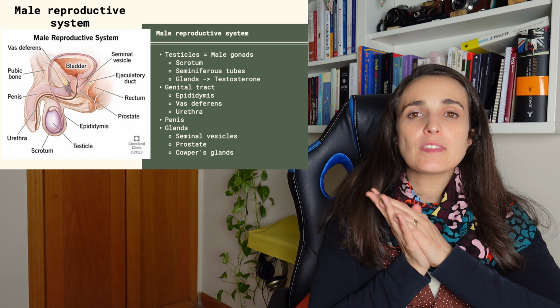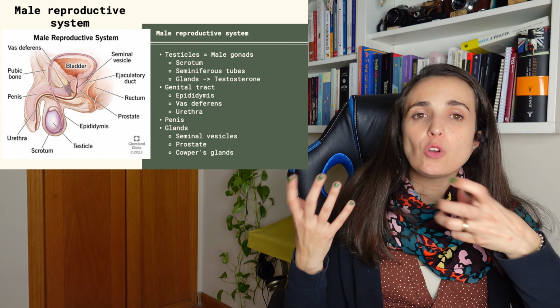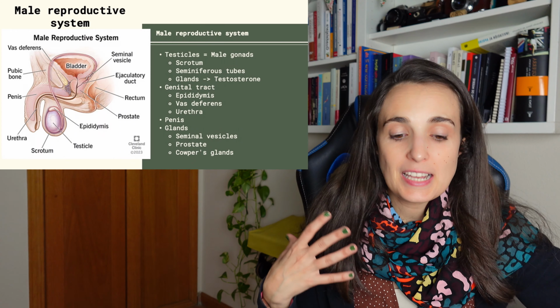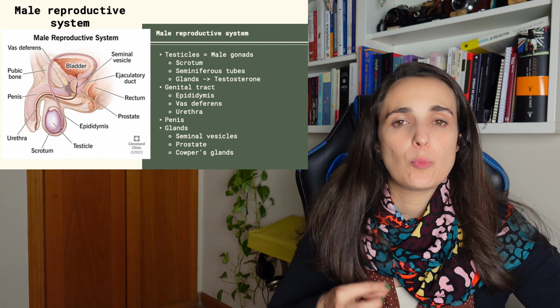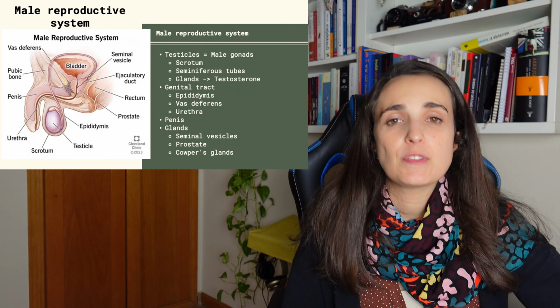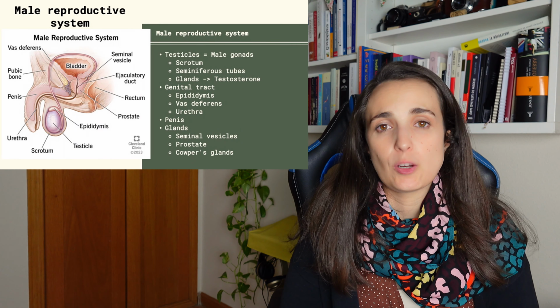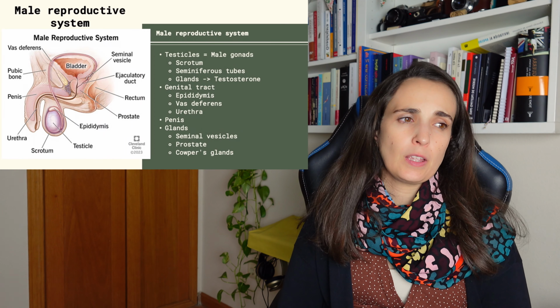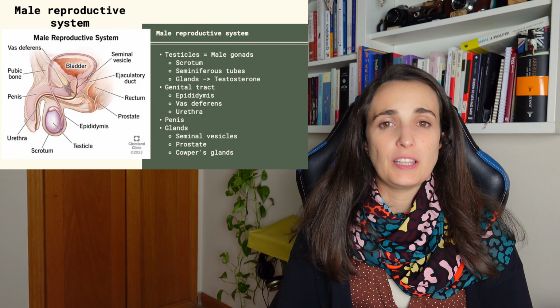So the testicles are what we call the male gonads. It is the place where gametes are produced. In this case, spermatozoids are produced, okay? Which parts are found in the testicle?